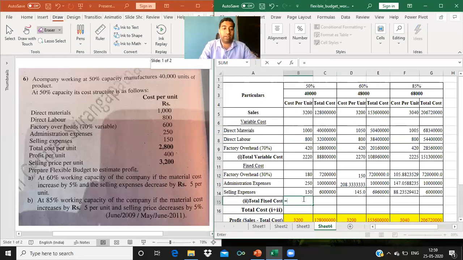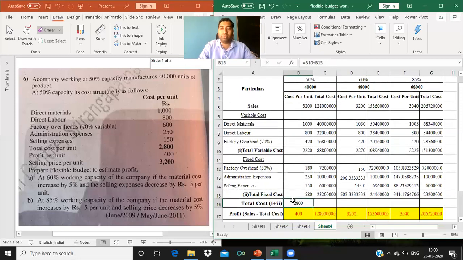Next, we need to find the sum of fixed cost. Total cost will be the total variable cost plus total fixed cost.